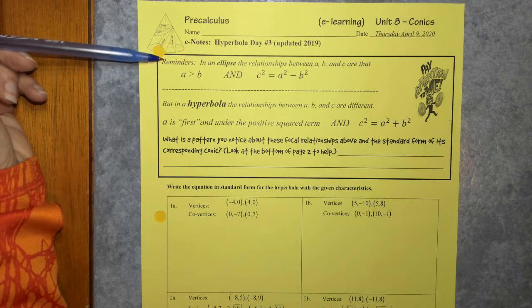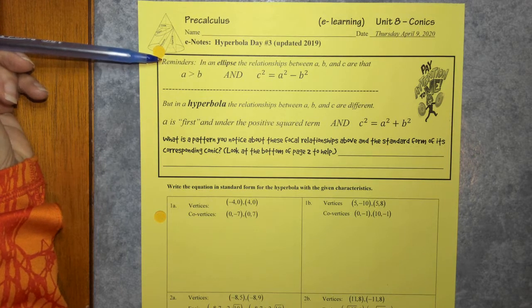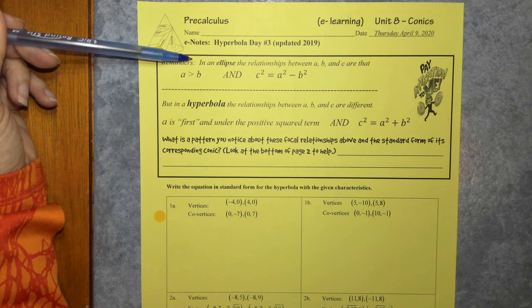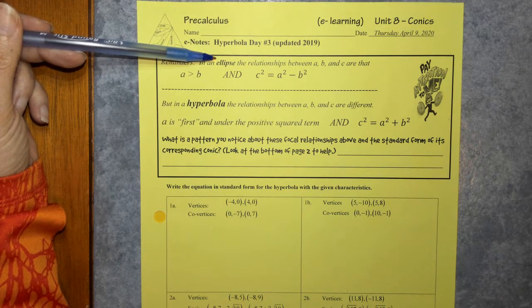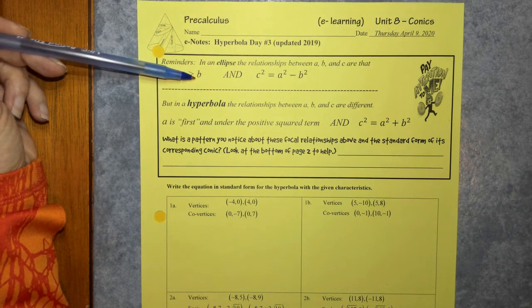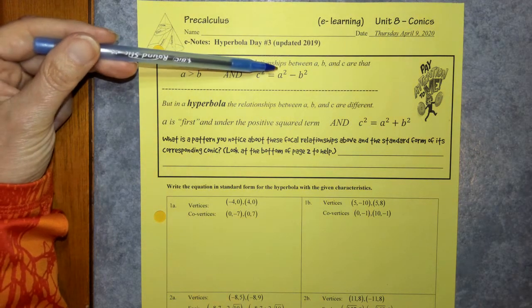So, in reminders, what we want to talk about is the differences and connections between ellipses and hyperbolas, because they become especially important when we're writing equations, which is what our task is for today. So in an ellipse, when the equation was connected with a summation symbol, a was always bigger than b, okay? And c squared was equal to a squared minus b squared.